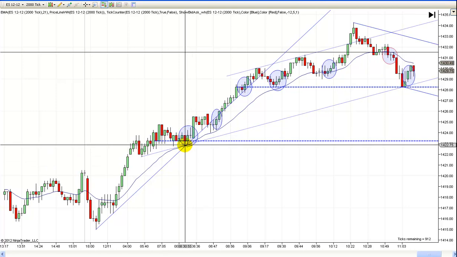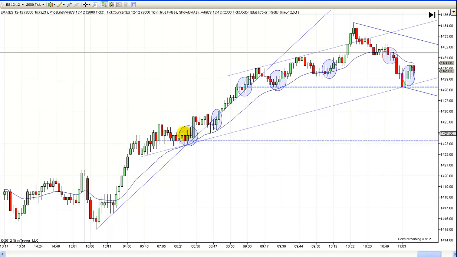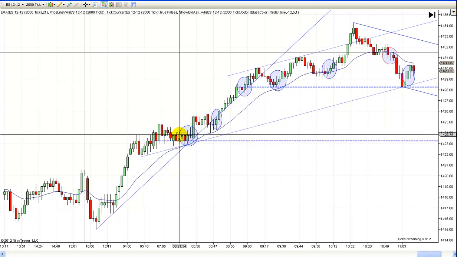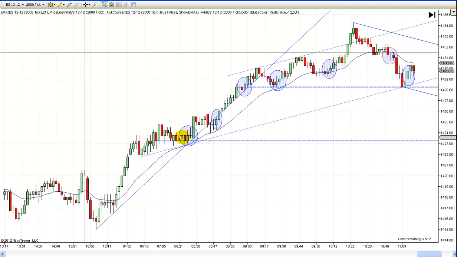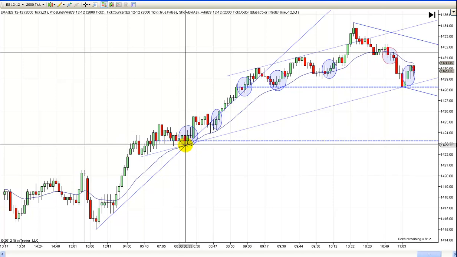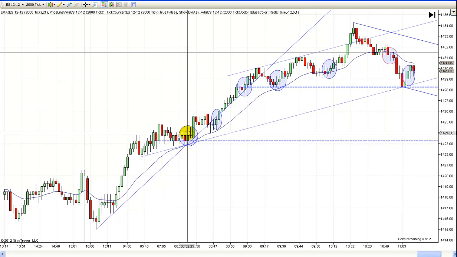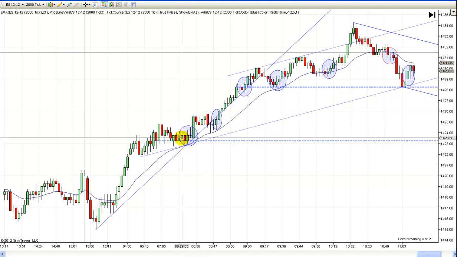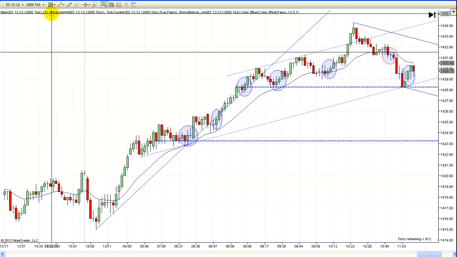You almost could have entered above that bar, even though it's bearish, because you got a new low right here. You got a first entry short, then a second entry short, and it failed, and that turned into a first entry, second entry, third. So that's kind of a fourth entry long there.